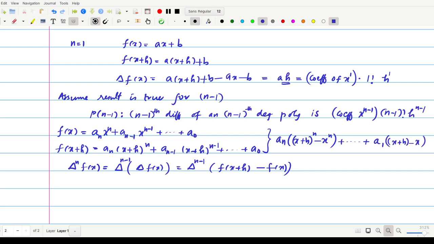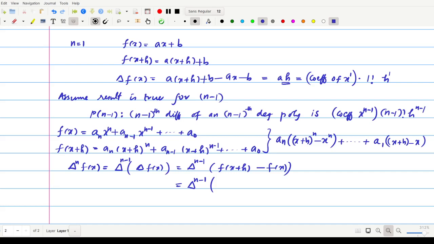So that is equal to delta n minus 1 of this polynomial. This is in fact a polynomial of degree n minus 1.